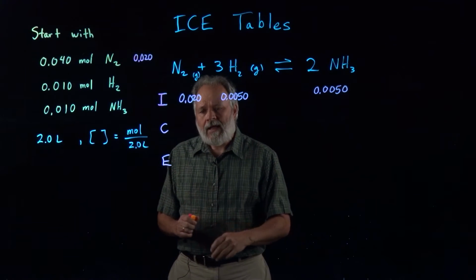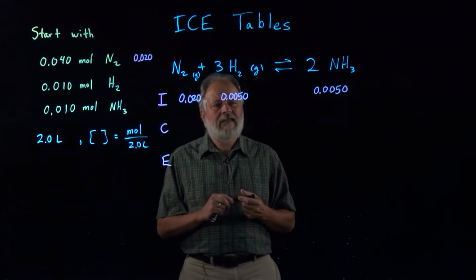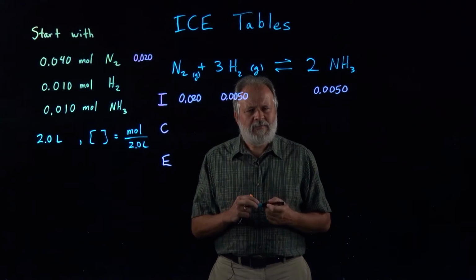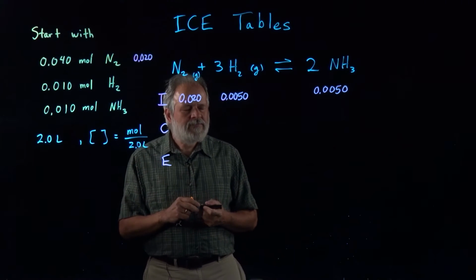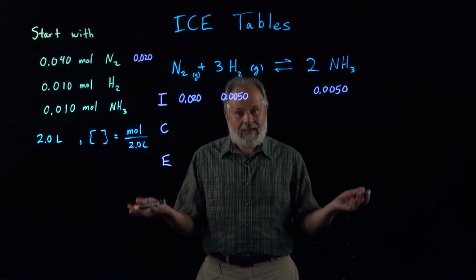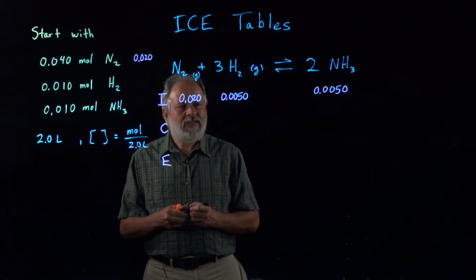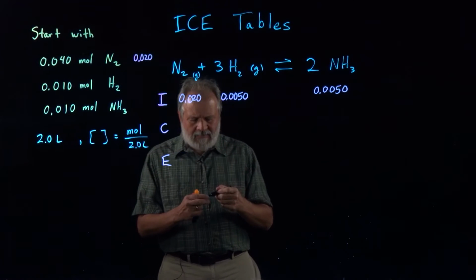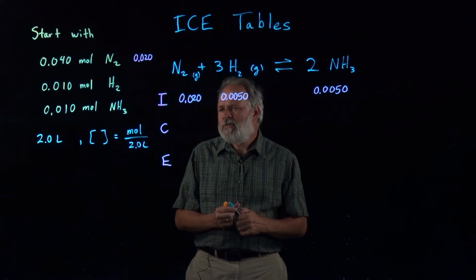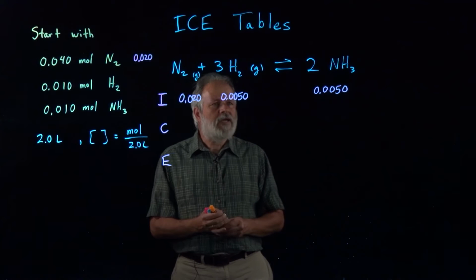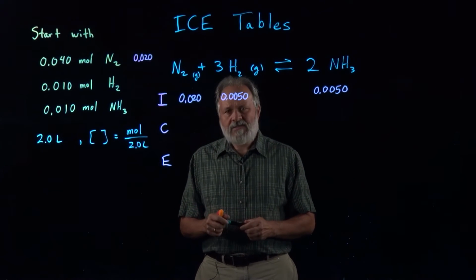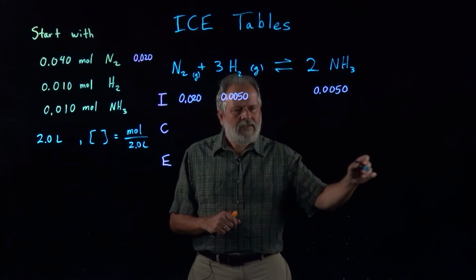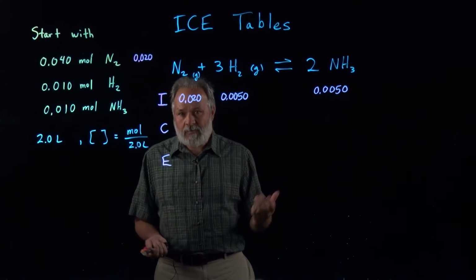Now the next thing that happens, first of all, we probably aren't at equilibrium. It would be an extremely unusual occurrence by chance to happen to be at equilibrium when we just mix a bunch of stuff together. So the other thing we have to know is a little bit more information, because we don't know anything about the equilibrium that's going to be established or the equilibrium constant yet.